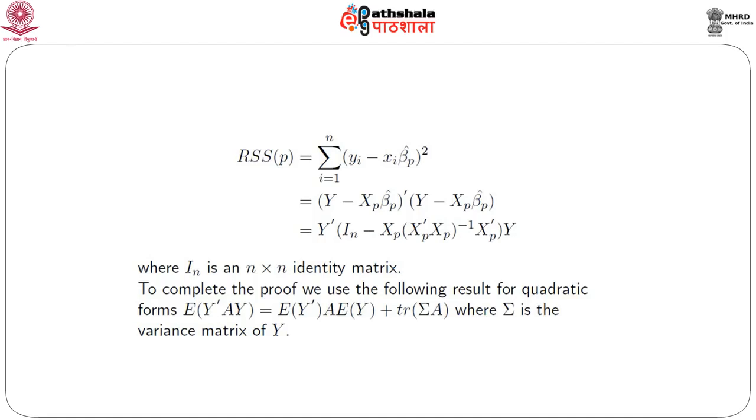Now, to complete this proof, we use the following result from quadratic forms. We know that expectation y prime Ay equals expectation y prime times A times expectation y plus trace of sigma A, where sigma is the variance matrix of y.